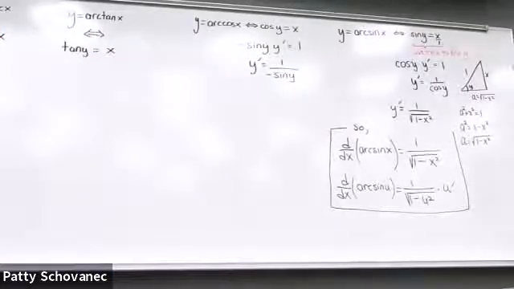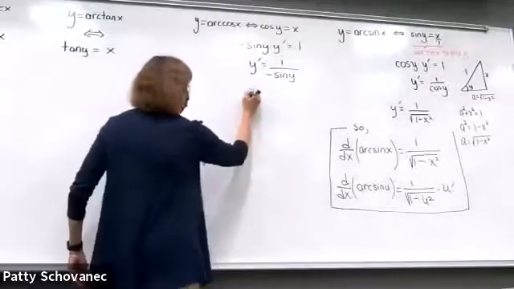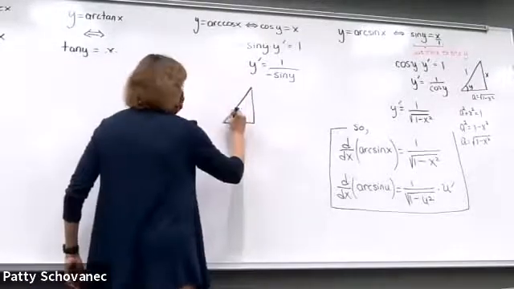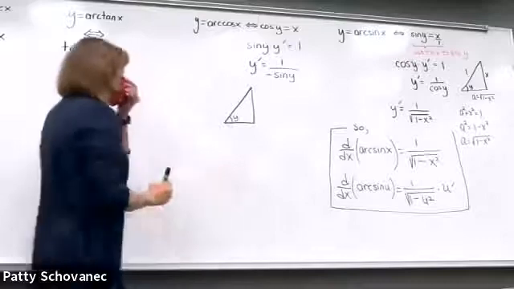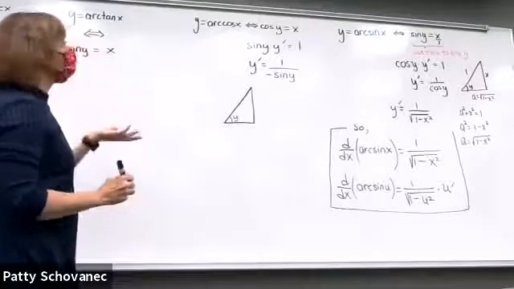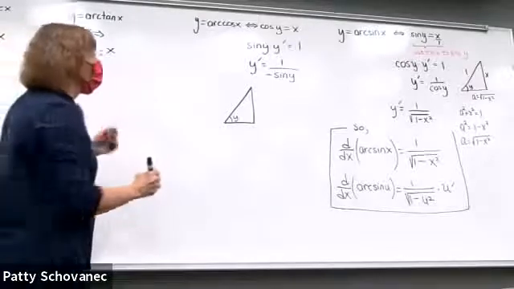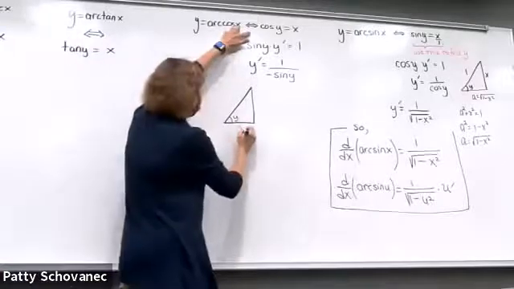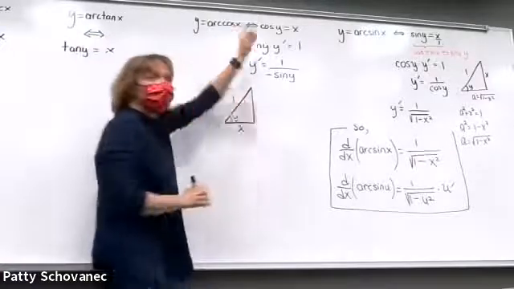But if I draw a right triangle again with an angle y, giving me the cosine of the angle y is x, I have this triangle here. Put an angle y in there. Cosine is the adjacent side over the hypotenuse. So I'm going to label the adjacent side x and the hypotenuse 1.